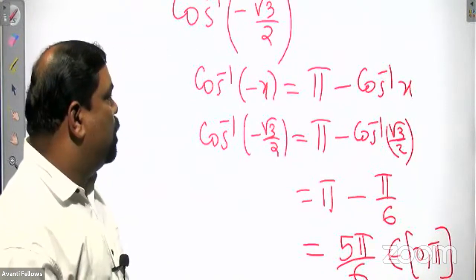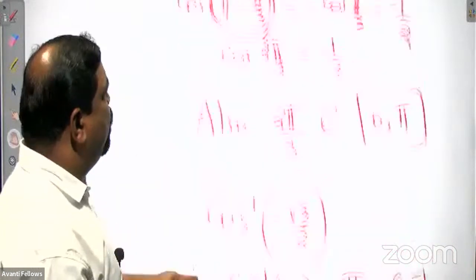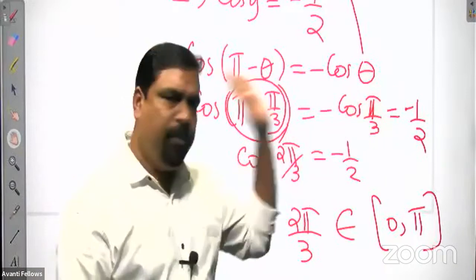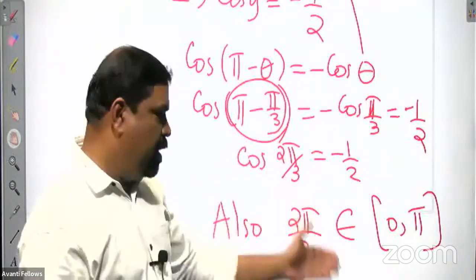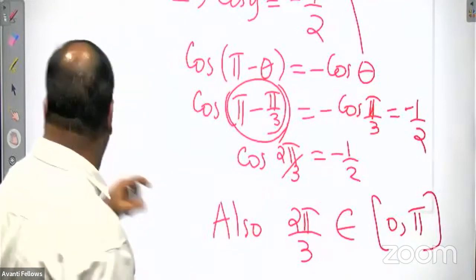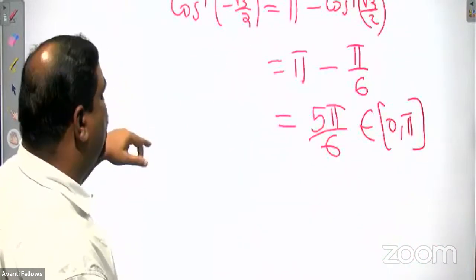Again, the formula is the same as what we have applied here. Cos pi minus theta is minus cos theta. Basically, this is the principle behind that property also. If you are not applying that property, you can apply it in the same way as earlier.